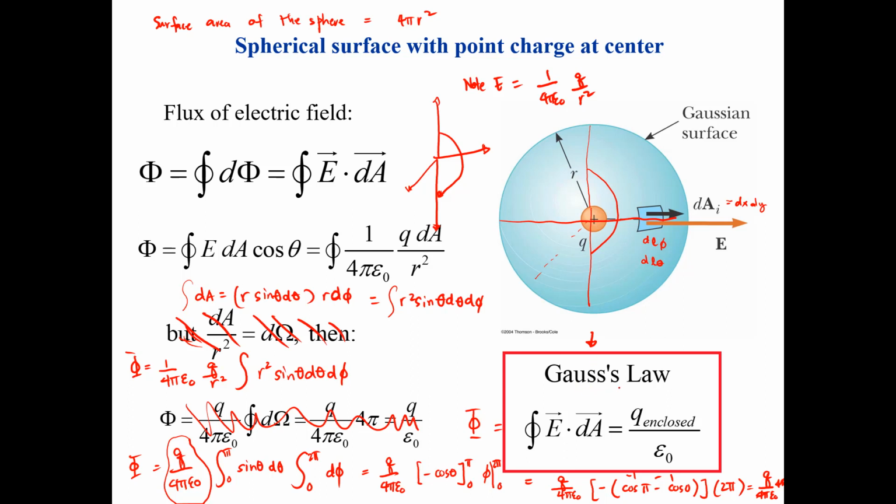It turns out that whatever the shape of your surface, class, this equation is also true. So this equation holds true for any shape of your surface. Okay, so even if it is just a random closed surface, what you get is still Q enclosed over epsilon naught.